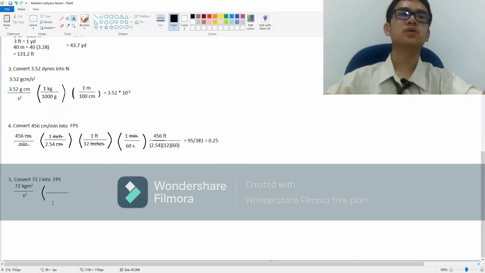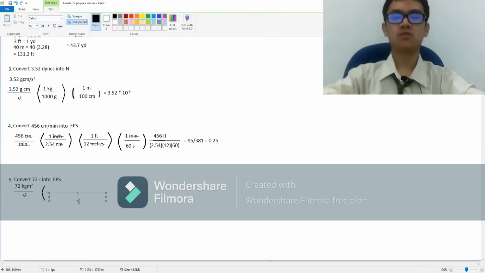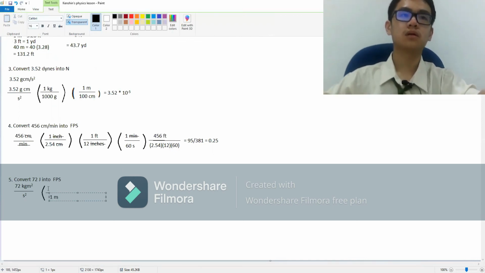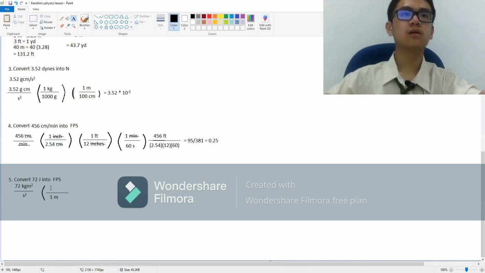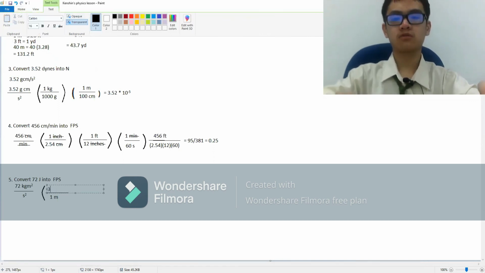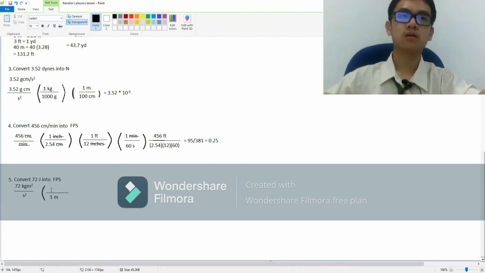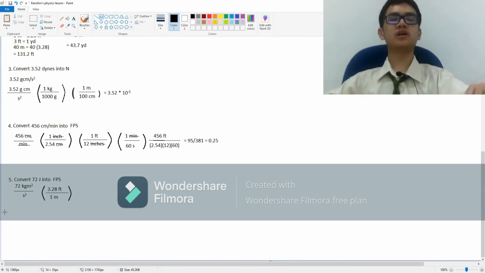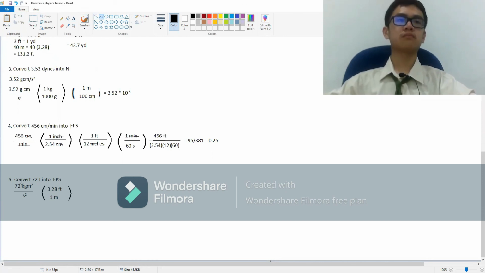So now we put in 1 meter, there are 3.28 feet. All right. But then now we have a little bit of a problem because this is meter squared, right?